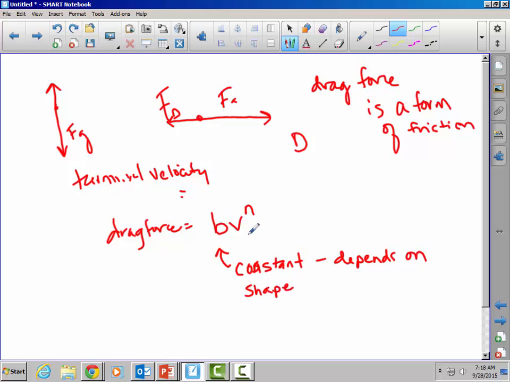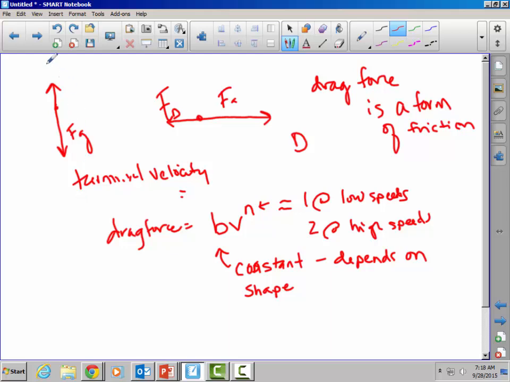And V is of course your velocity. And n is an exponent that is approximately 1 whenever you're going at low speeds and 2 at high speeds. So the faster you go, the larger your drag force becomes.